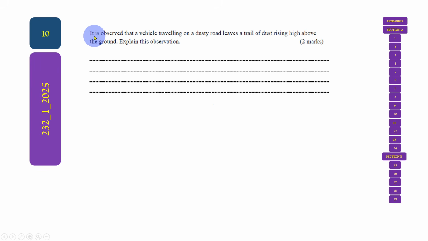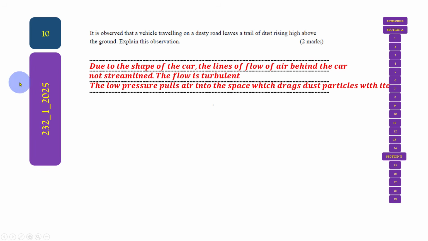In question 10, it is observed that a vehicle travels on a dusty road, leaves a trail of dust rising high above the ground. Explain this observation. Of course, this question comes from fluid flow, and it's about turbulence. So probably you might give an answer like this one.